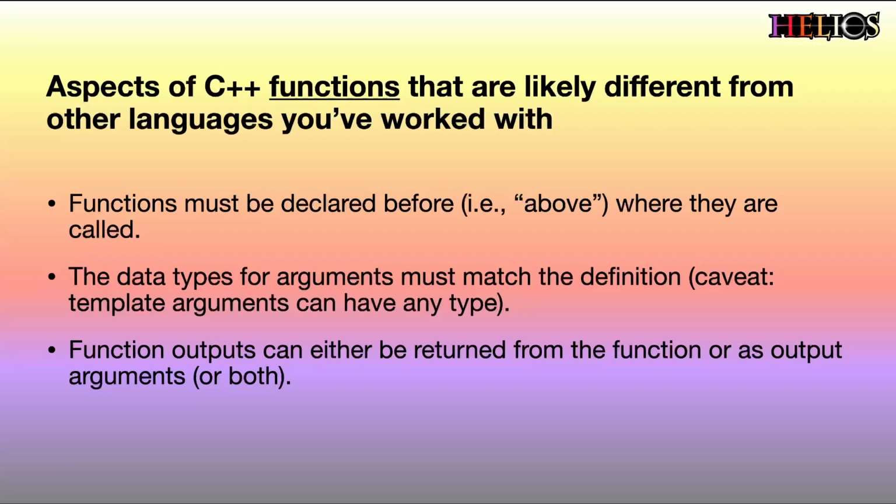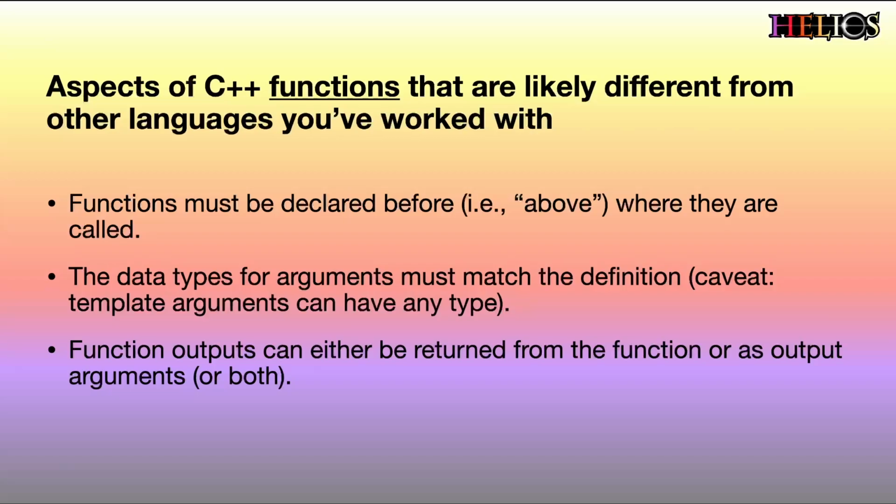One really important thing about functions in C++ is that the data types for arguments must match the definition. So when we define a function, we need to specify the data types of all of its arguments. And these need to be consistent. They need to be in the right order and have the correct types.